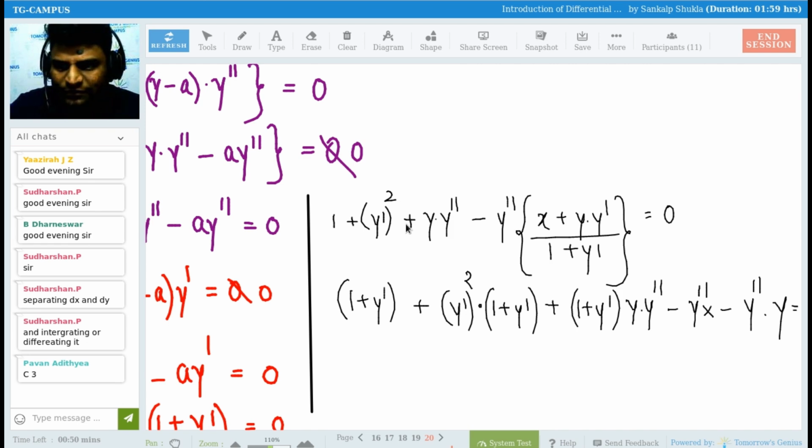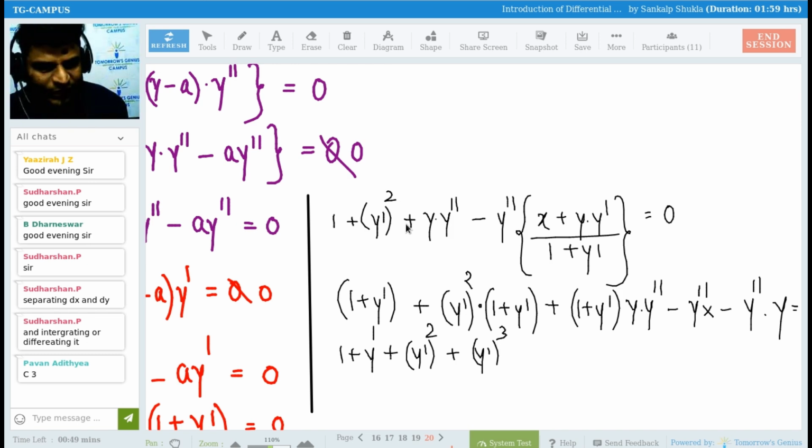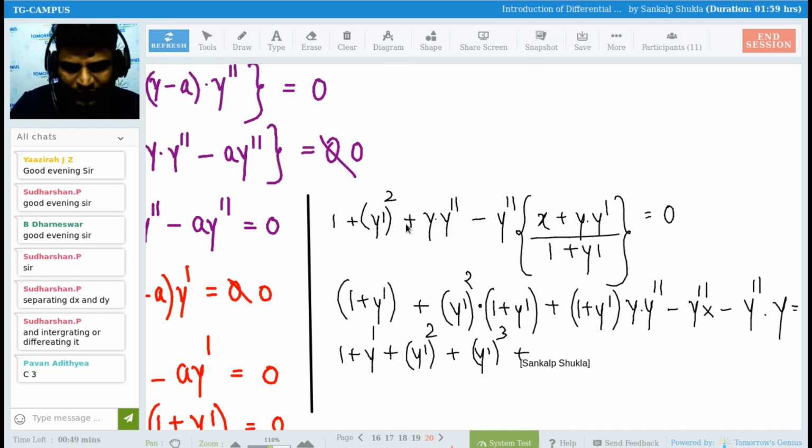Now expanding it, it will become 1 plus y dash whole square plus y dash whole cube, because y dash whole square is there and plus y dash into y dash whole square, it will become y dash cube.